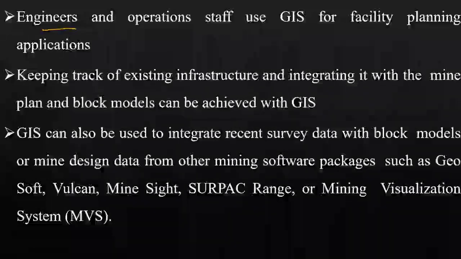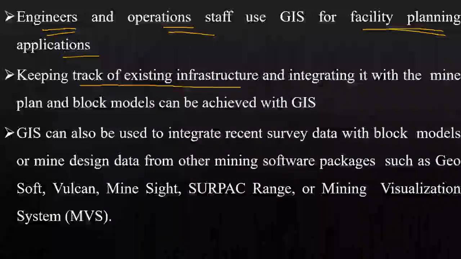Okay, also the engineers and operation staff who are involved in this mining can use GIS for facility planning applications. You can track the existing infrastructure and integrate it with the mine plan, and block models can be achieved with GIS.